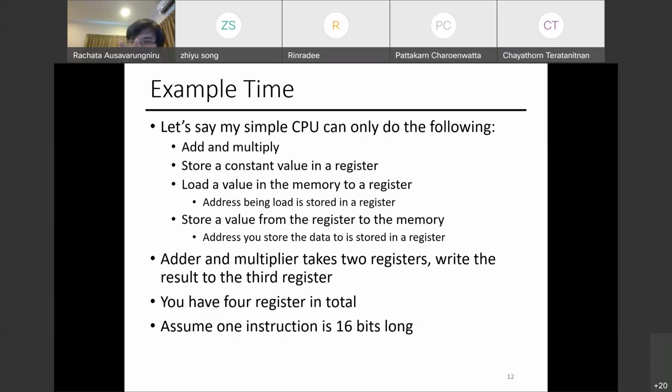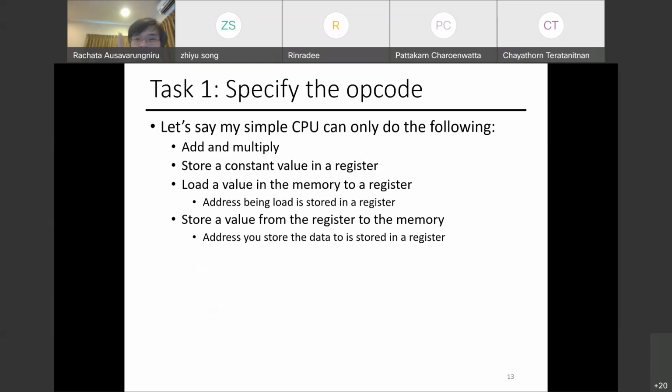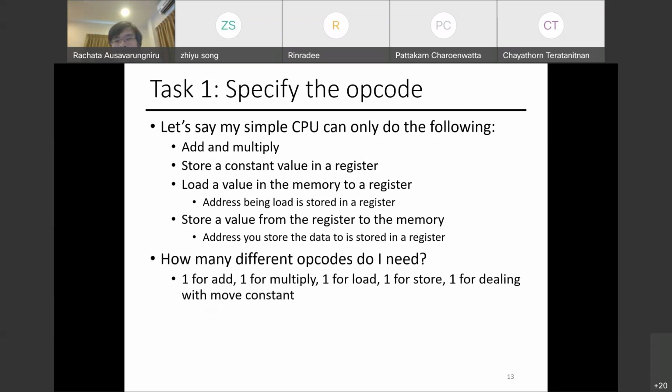All right, so take this example and this specification. My first question is, how many different opcodes do I need for all these 5 instructions?